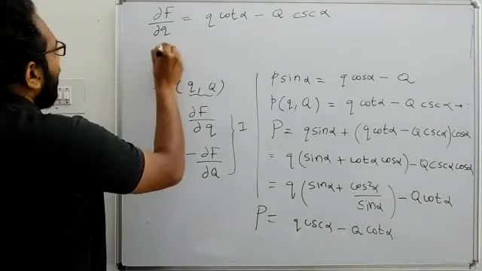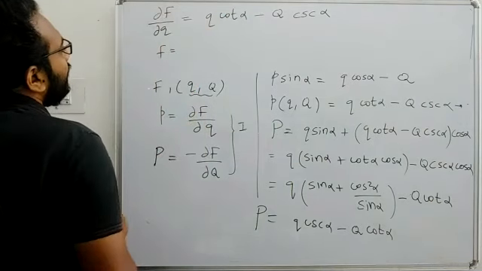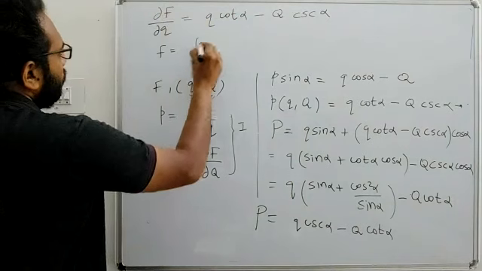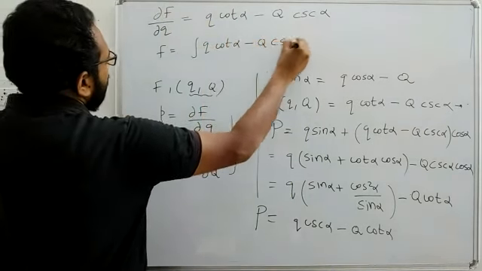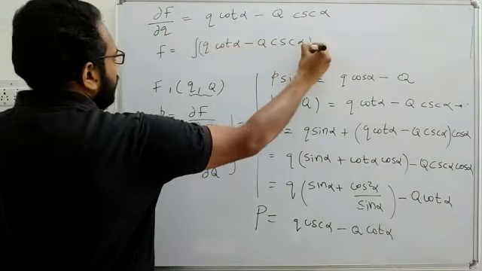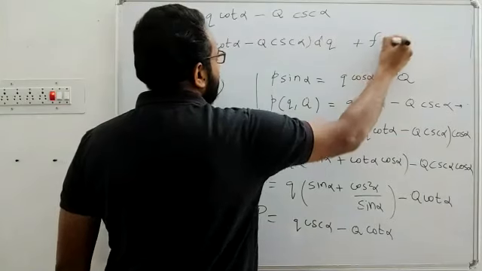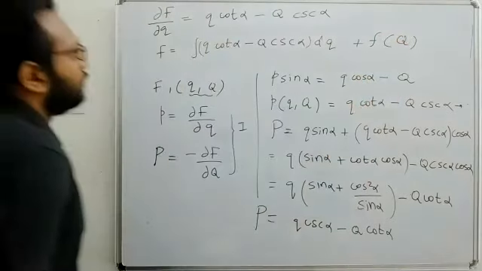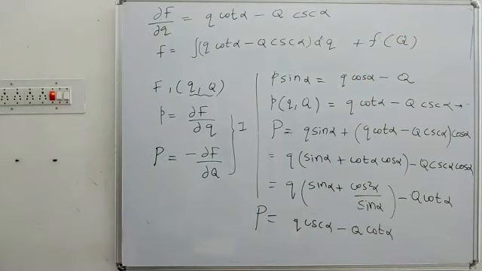So you see that f is equal to, you integrate this, right? So integrate over dq, plus there would be some function of capital Q, right? Because this gives only the functional dependence on small q.